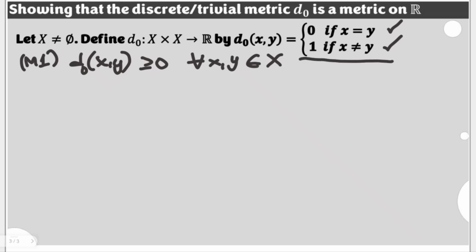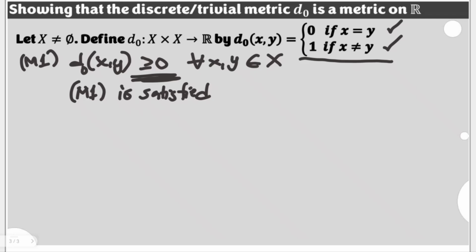So no matter the value of x and y, as long as they're elements of real numbers, we can always get a value for our distance which is greater than or equal to 0. So this means that m1 is automatically satisfied. It's already satisfied because there are only two possible values, 0 and 1.